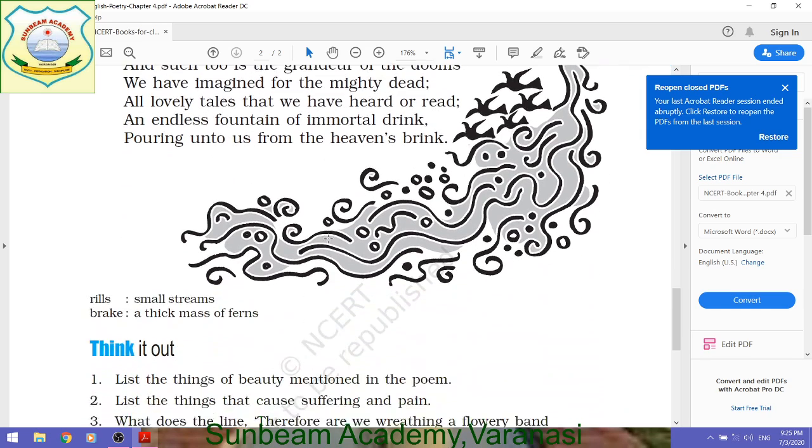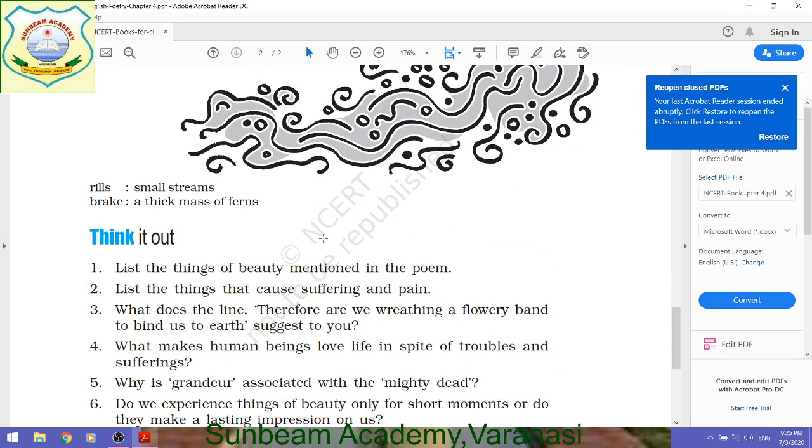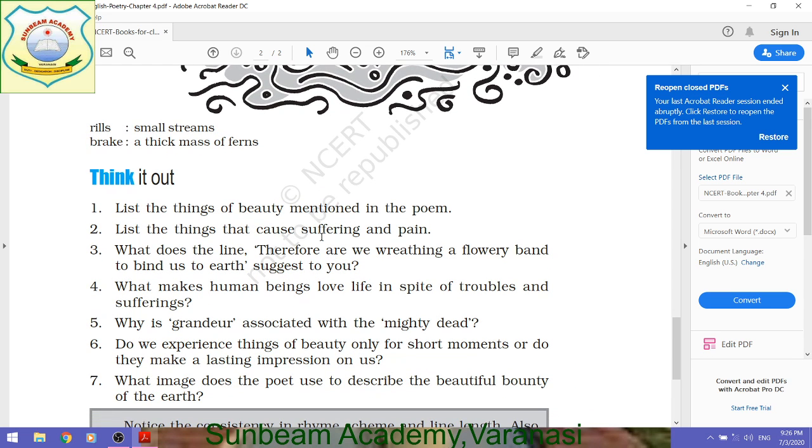And now students, let's move towards the question answer section. Let us discuss these textual questions. There are so many questions which have already been asked in your board examinations as short answer type questions, which you will have to write in 30 to 40 words.